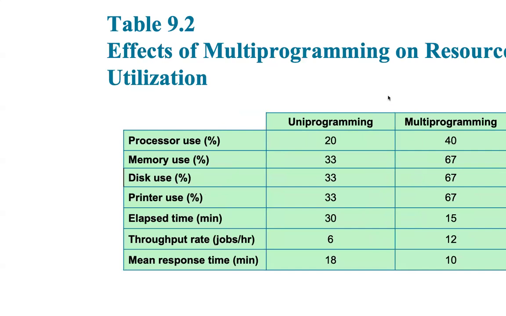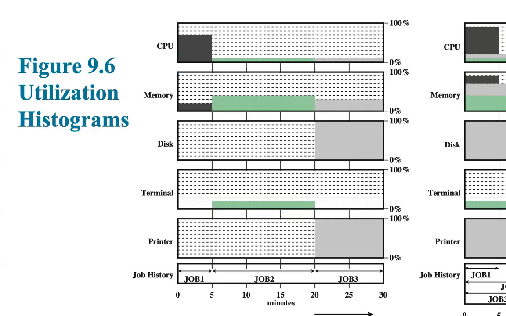So here's just a chart. If we were to do this multi-programming, you can see it's about twice as good by various factors. Processor use is twice as much. Memory is used twice as much, so you're not having resources going to waste. And so here is the uni-programming approach.